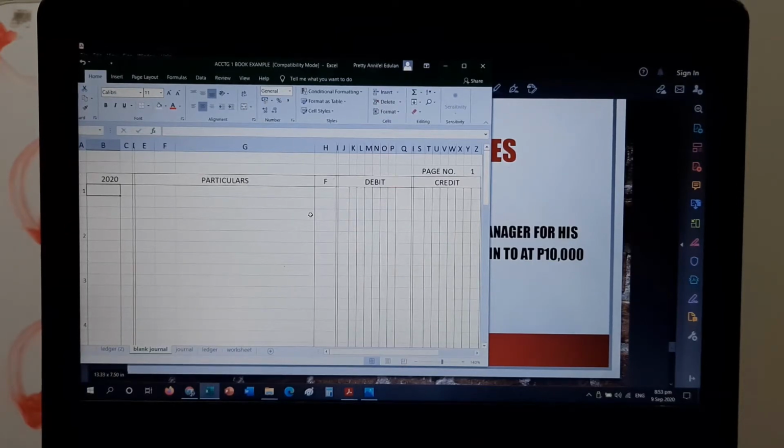Another rule, you will not see a peso sign. Since these are money columns, it is automatically understood that the amount is measured in the current currency of the country. In our case, the peso sign. So we are using pesos, but in the money columns, no peso sign.